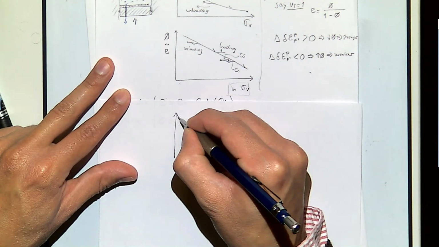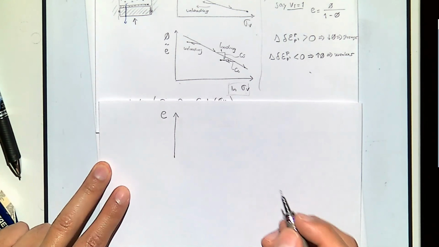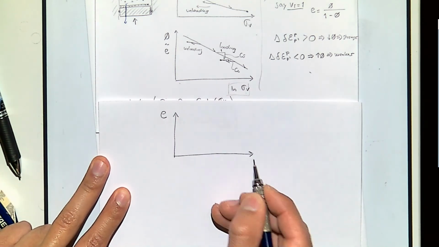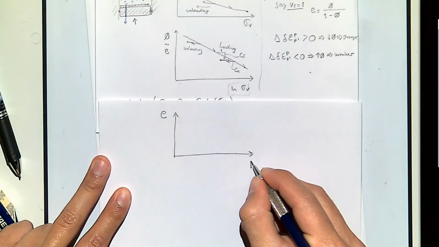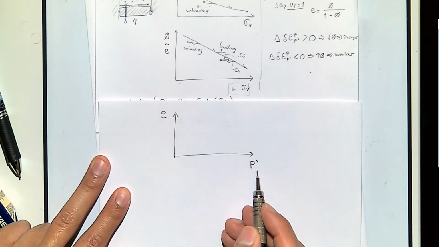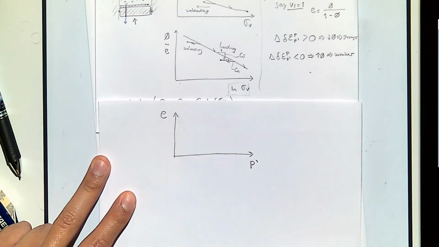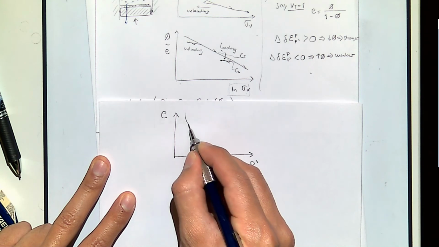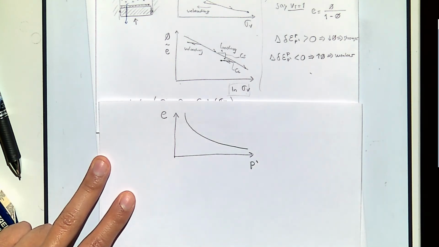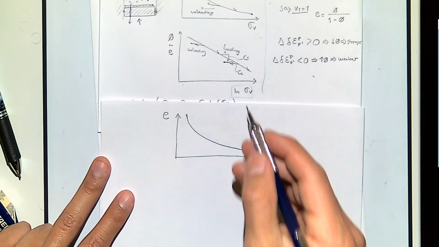It's the same, but I'm just going to write it directly in terms of void ratio. And instead of sigma v, I'm going to use p prime. The idea is the same: the higher the mean effective stress, the lower the porosity is going to be. And this is also going to be a curve which looks something like this, and it is exactly the same thing.